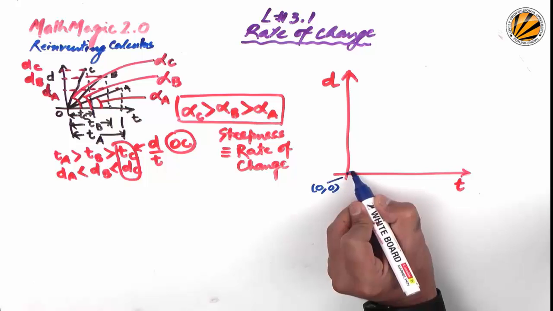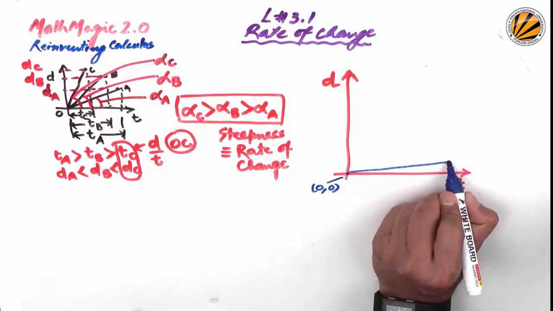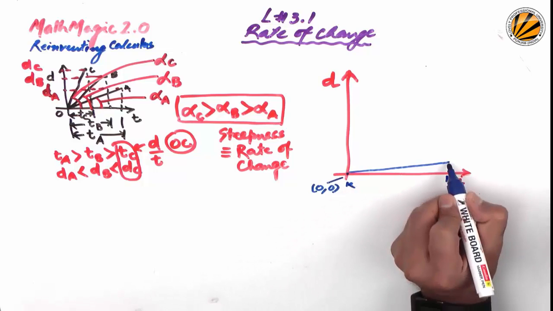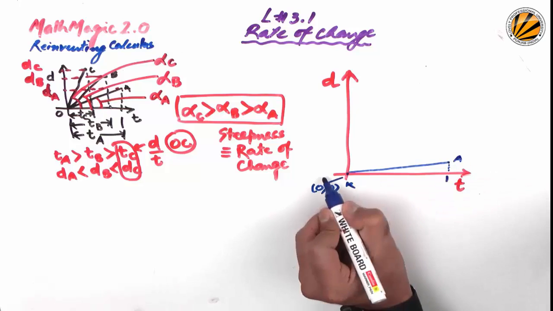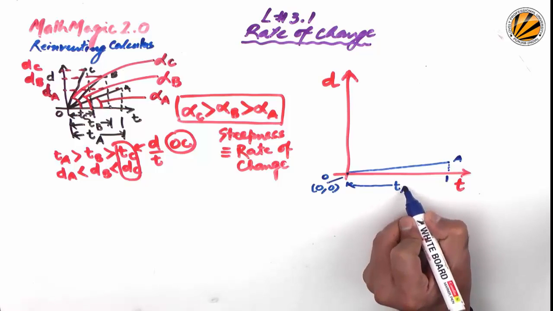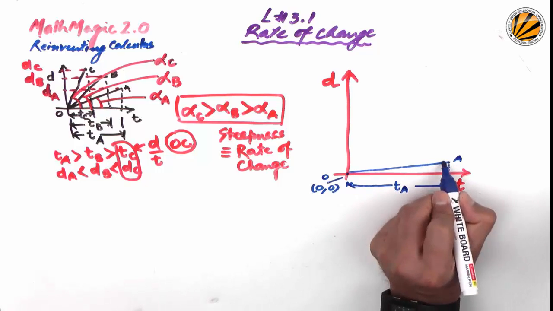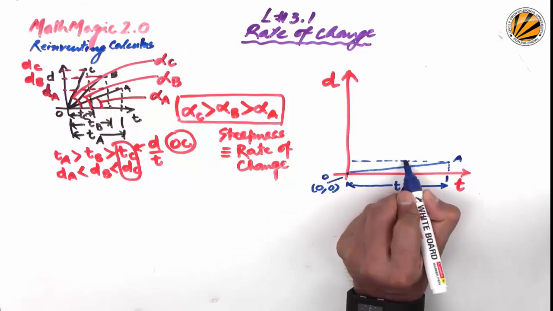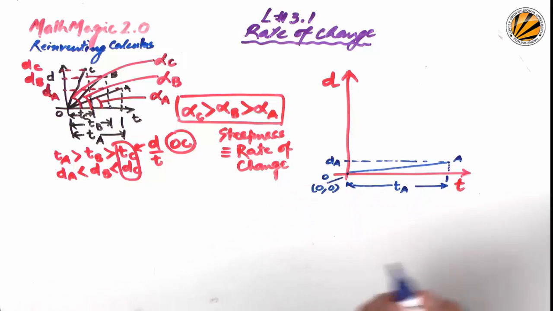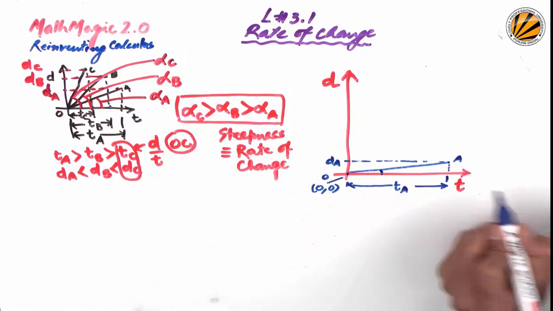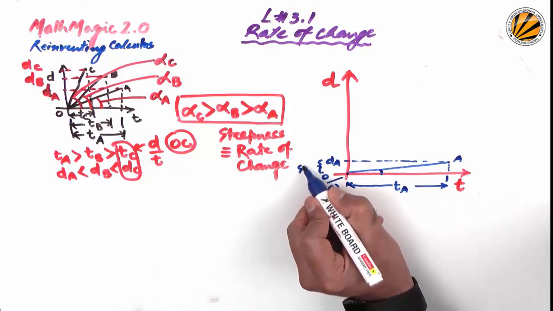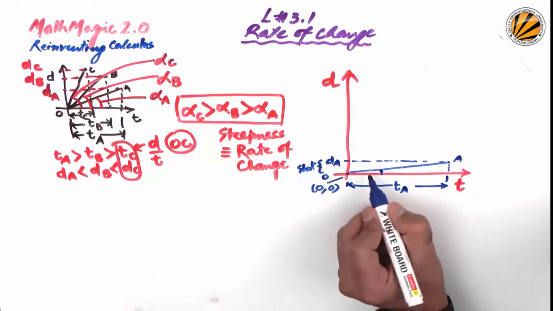If the rate of change is slower, for this duration of time, considering this to be point A and this point O, the time taken be TA, and the distance travelled from O to A be dA. So the steepness is less, thus the time taken to travel such a short distance is longer.